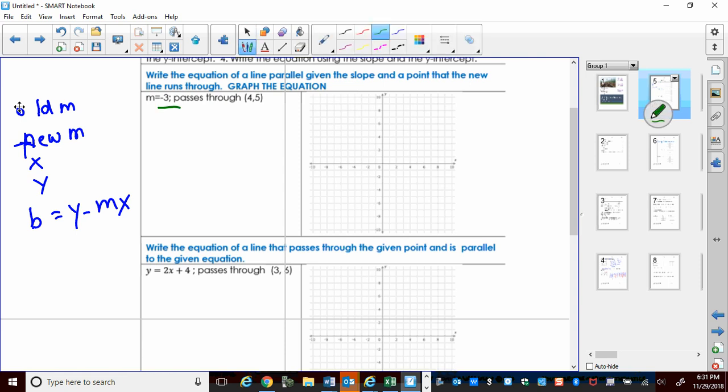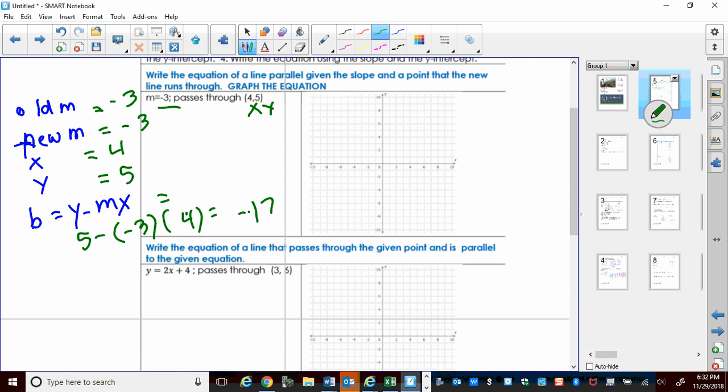So my slope is -3. My new slope is -3. The point that it runs through, x comma y, is 4 and 5. That implies that b is, if I plug these numbers in, 5 minus -3 times 4. This equals positive 17.